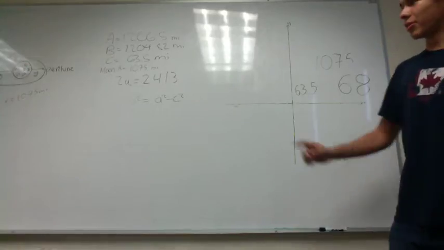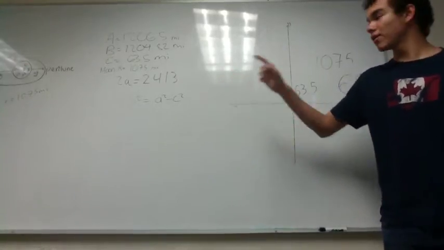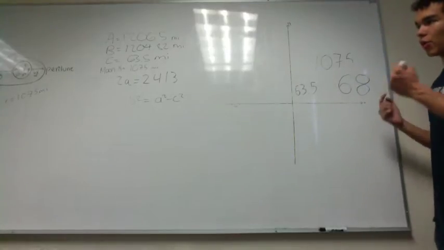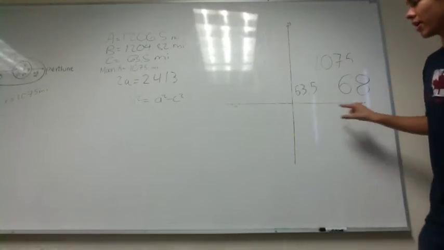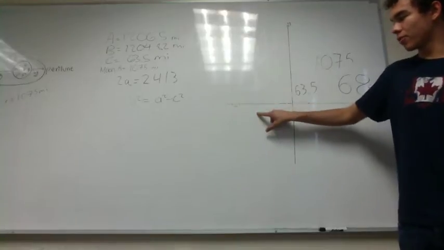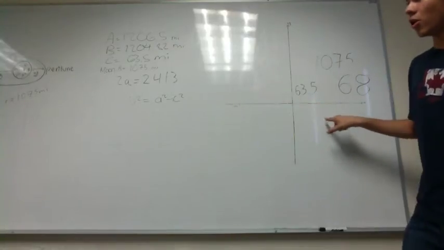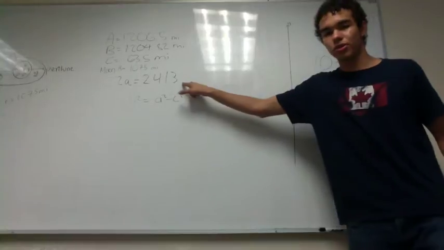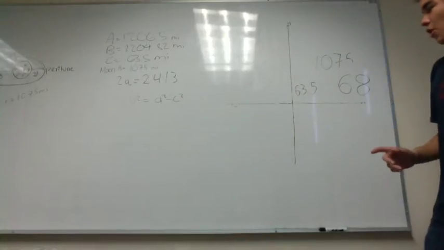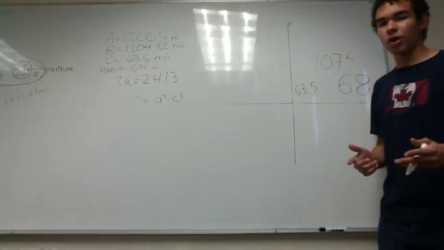So, knowing that the moon radius is 1075, we can calculate by summing up the perilune and apolune, and the other part of the radius, to have the total of 2a, which is 2413. Knowing this value, we can now calculate c. In what way?